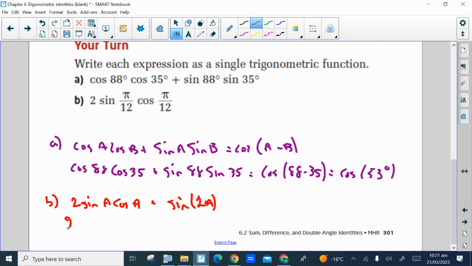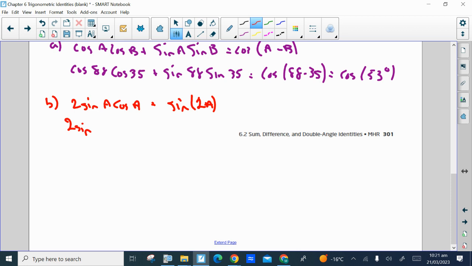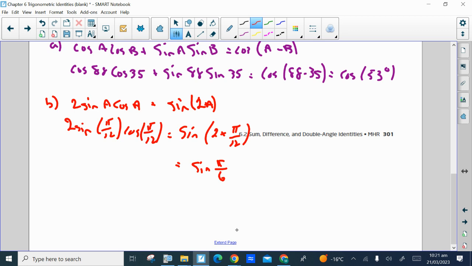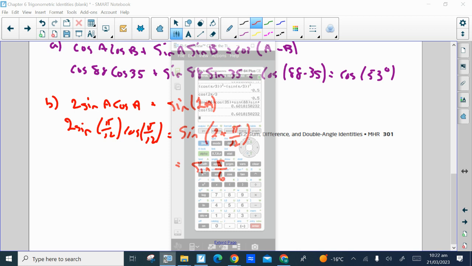So our original expression, 2 sine pi on 12 times the cosine of pi on 12, will be equal to the sine of 2 times pi on 12. And 2 pi on 12 reduces to pi on 6. So there's our answer. We've written it as a single trig function.